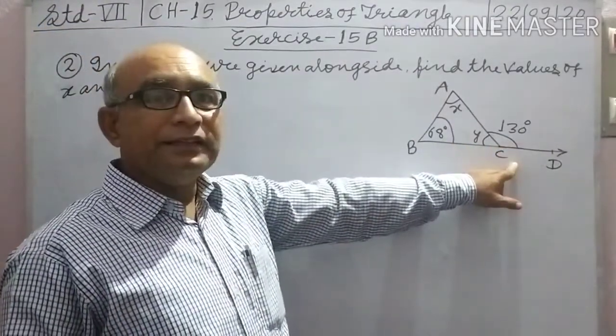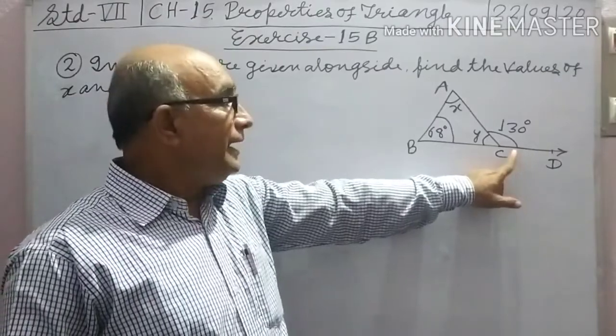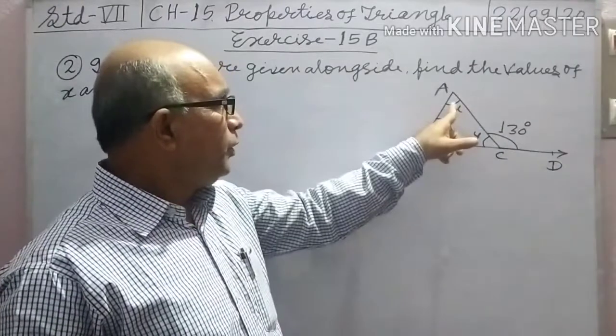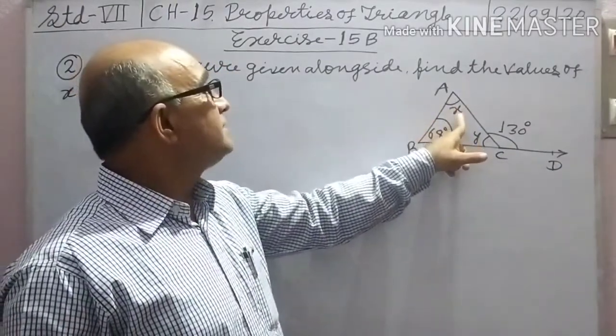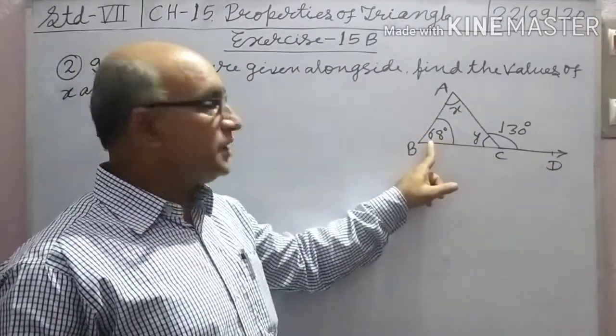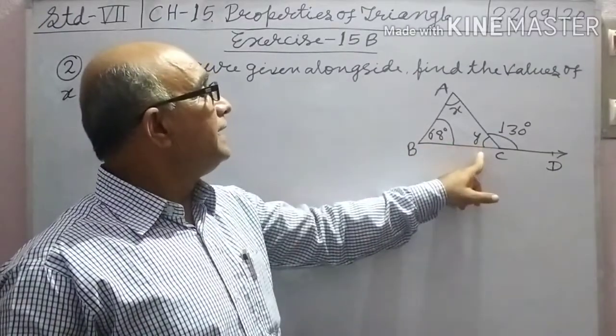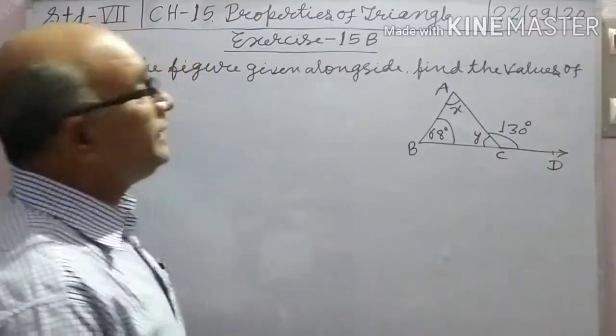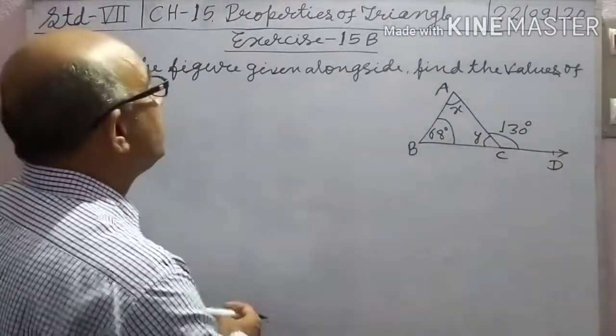Angle ACD is an exterior angle. Exterior angle ACD equal to 130 degree. Angle A is x, angle B is 68 degree, and angle C is y. So find the value of x and y.